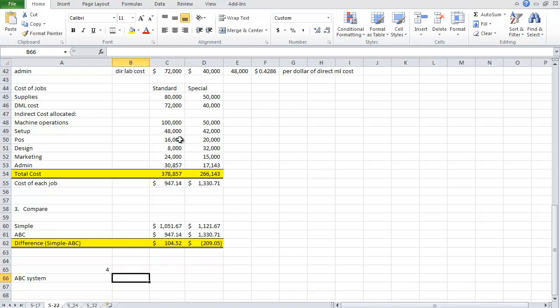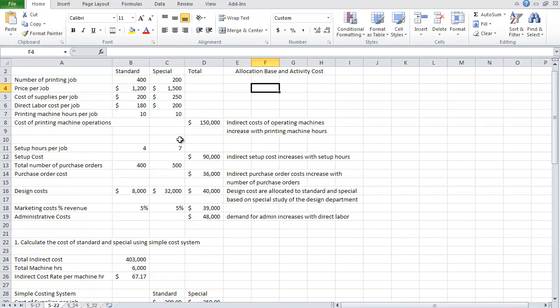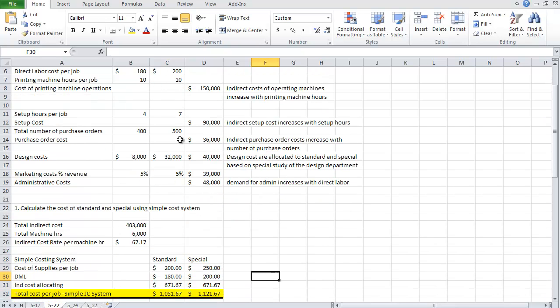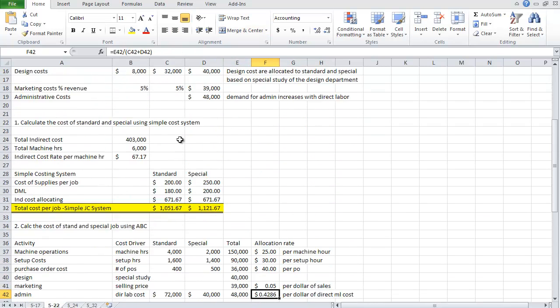If Quick Print was making on every standard job right now, if we go up to this area and look at their standard jobs, they're charging $12 and $15.